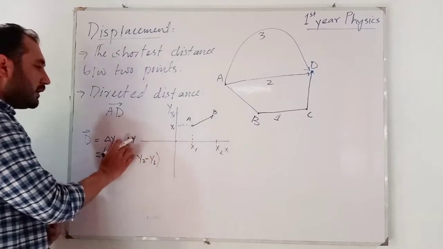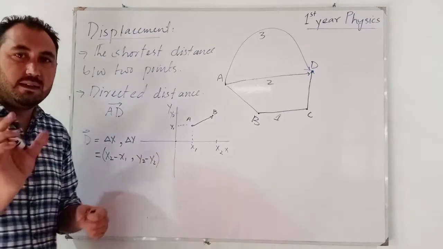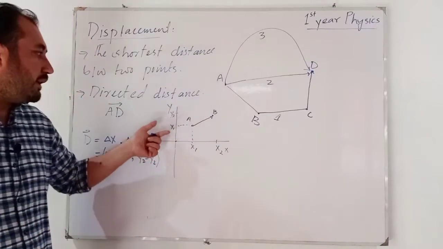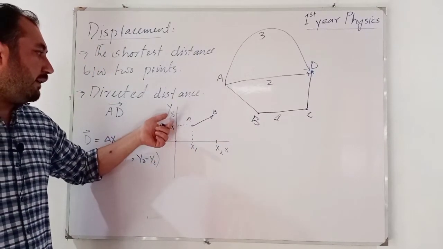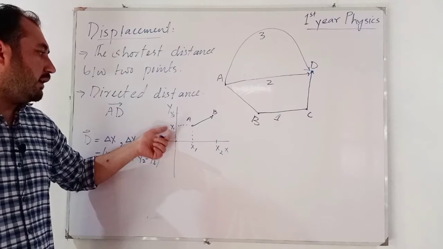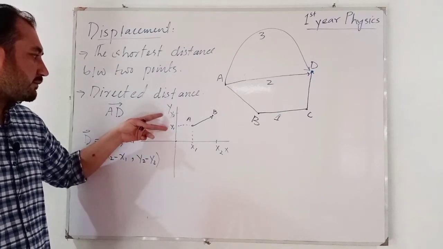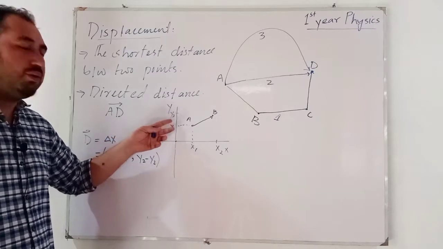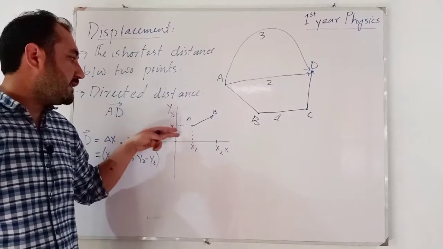This delta operator represents the difference, and in order to find the difference, we subtract the initial value from the final value. When you subtract y1 from y2, we get a positive value along the y-axis, and similarly a positive value along the x-axis.